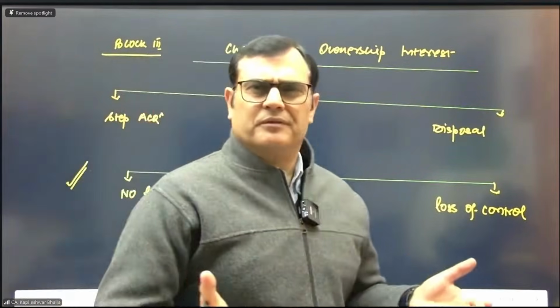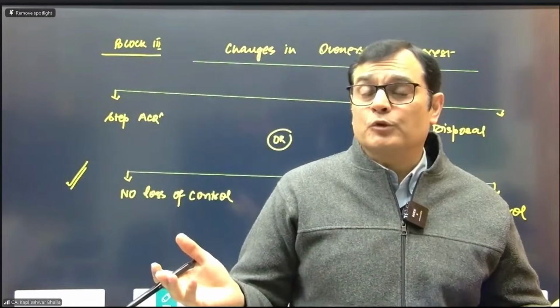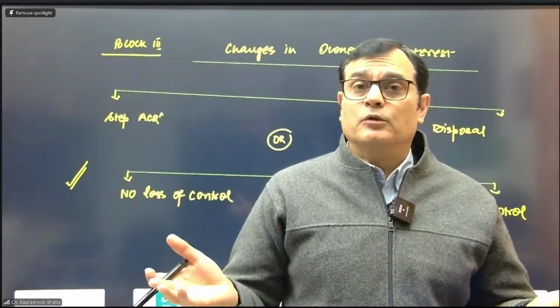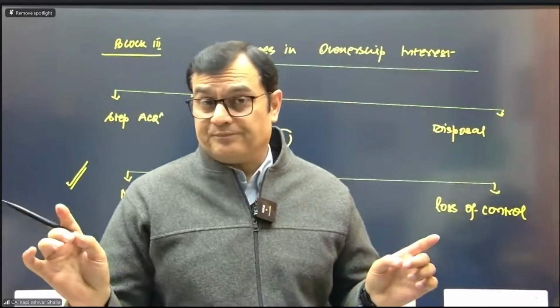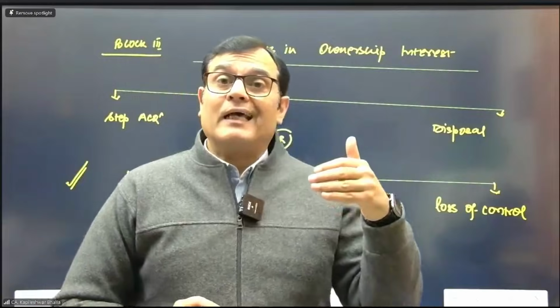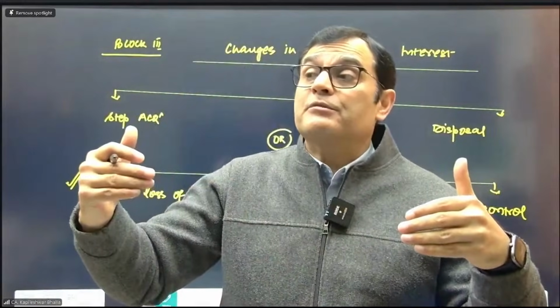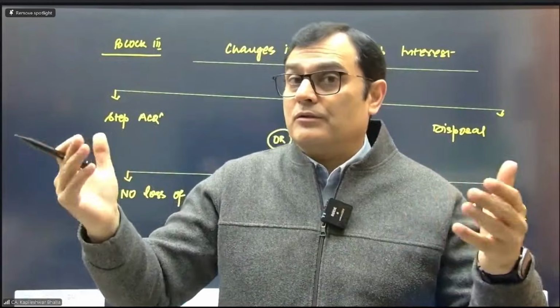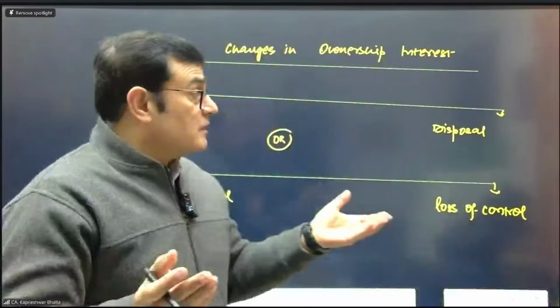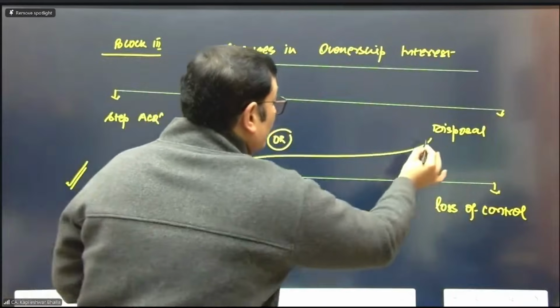Now you would say, what is the difference? If you say it is a step acquisition, it will not lead to loss of control, and if it is disposal, it will lead to loss of control. Not necessarily. When you dispose of shares, let's say, for example, I have an 80% stake and I sold 10%, I'm still having a 70% stake. So there is no loss of control. So disposal may lead to loss of control, or it may not.